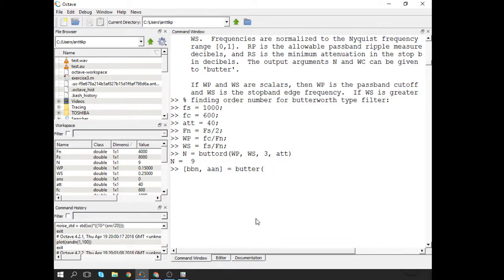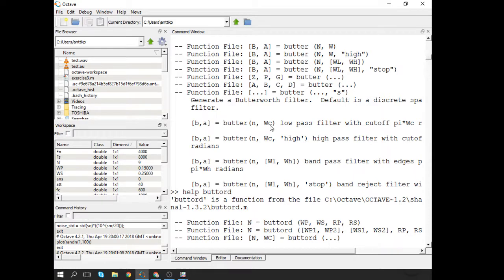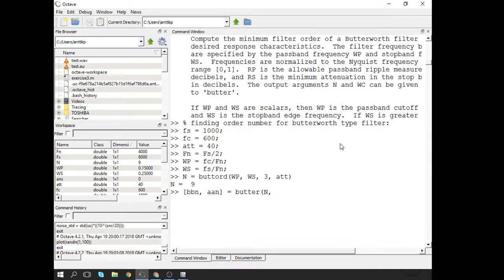So that requires only the N, and then this cutoff frequency would be also, yes, from 0 to 1, 0 to the Nyquist frequency, scaled, normalized frequency, so we can actually put the WP. And those are the filter coefficients. Okay, let me put another figure and check the frequency response.